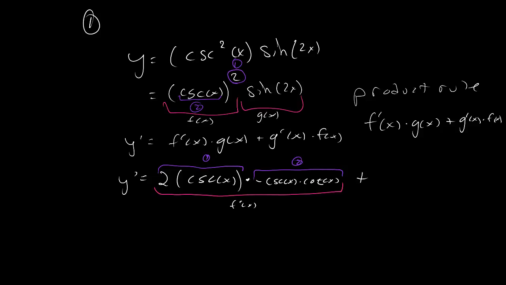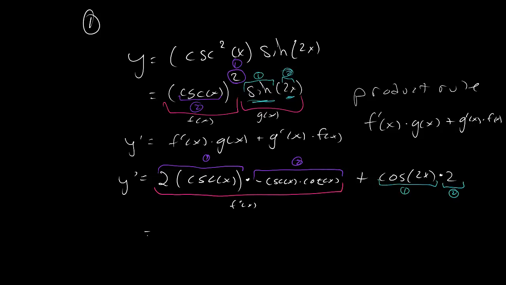Well, the derivative of g of x, I still have two functions here. My first is going to be the sine, and my second is going to be the inside. So outside and inside. Take the derivative of the outside first, so that's going to be my cosine 2x times the derivative of my inside, which is just 2. So again, this is my number 1, and this is the derivative number 2. And there we have it.